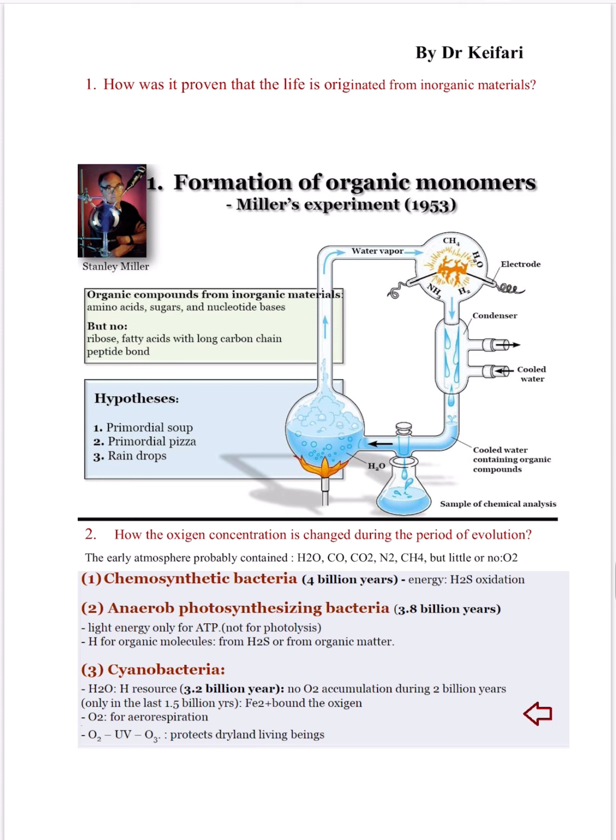He used a condenser with cold water, which rotates from here. He tried to cool this vapor, and condensation happened, forming water, and it came back again. As you see here, this system is like nature.